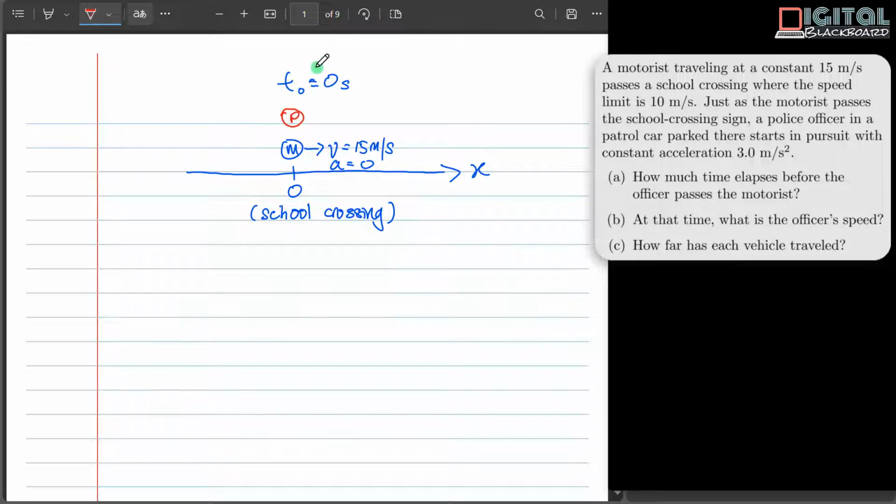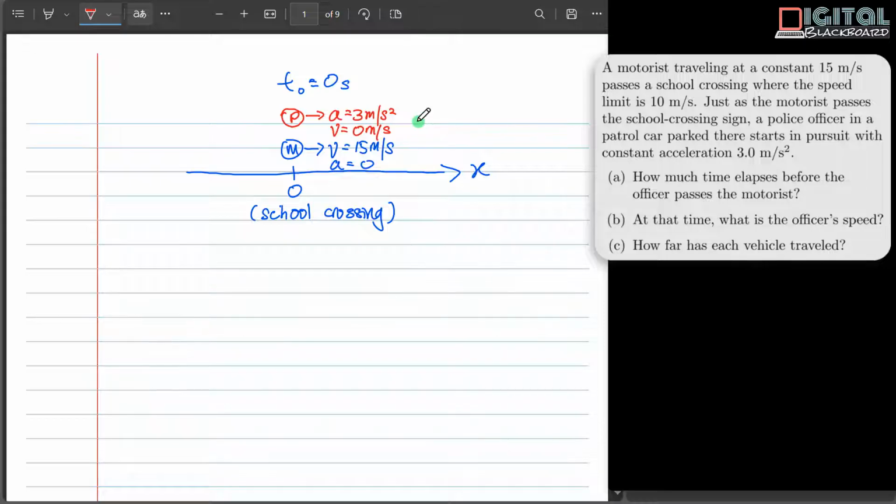For the police officer, we use P to represent the police officer. He is traveling with a constant acceleration of 3 meters per second squared, but at this instant, his velocity is 0 meters per second. So this is the situation that we are facing now.